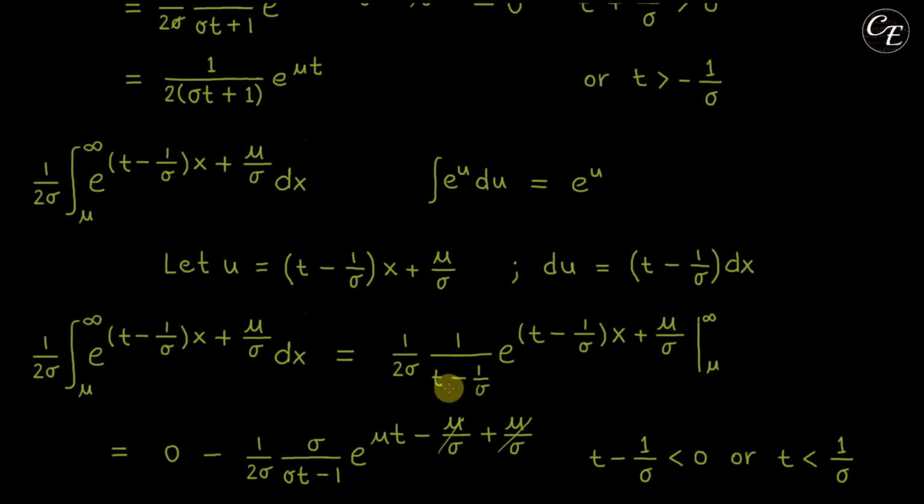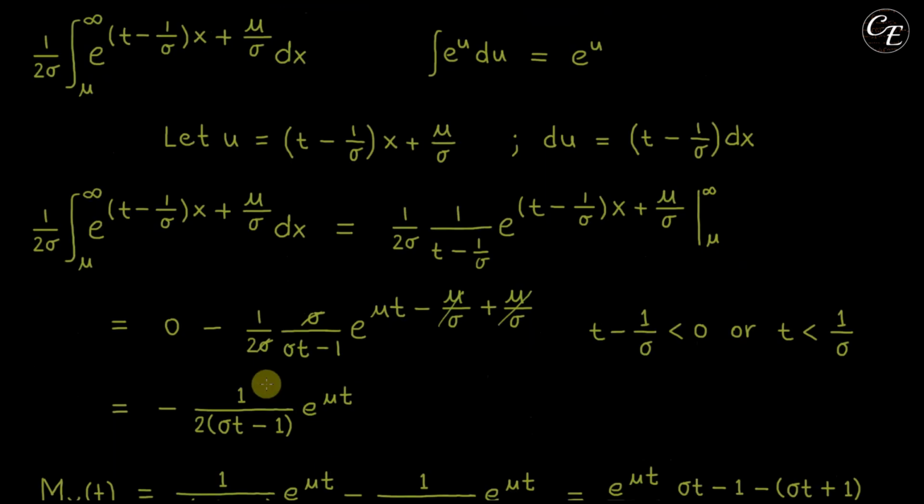If we multiply the numerator and denominator of t by sigma, then we will have here (sigma t minus 1) over sigma, or 1 over that is sigma over (sigma t minus 1). Then we can cancel out this sigma and sigma. So what we're left with is negative 1 over 2 times (sigma t minus 1) e raised to mu t, with the condition this one.